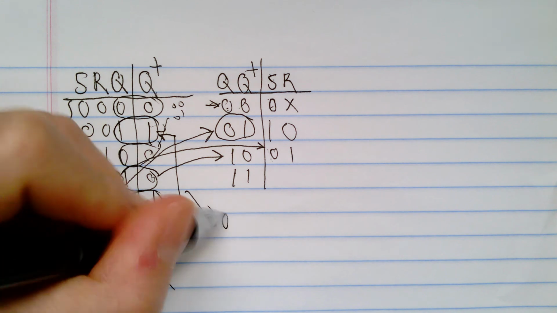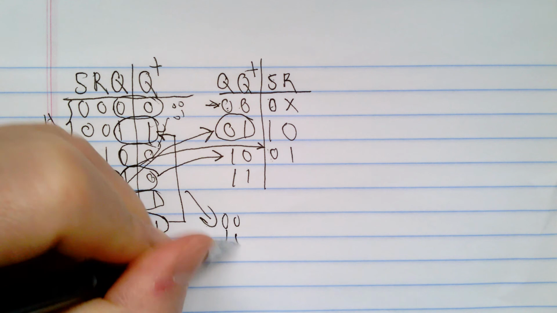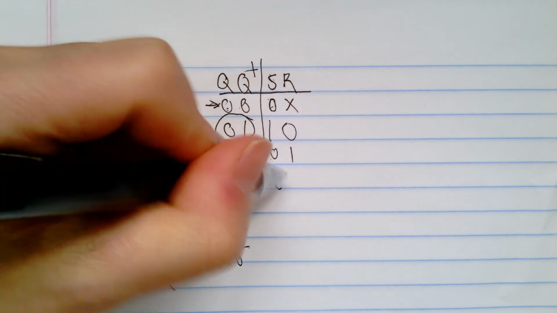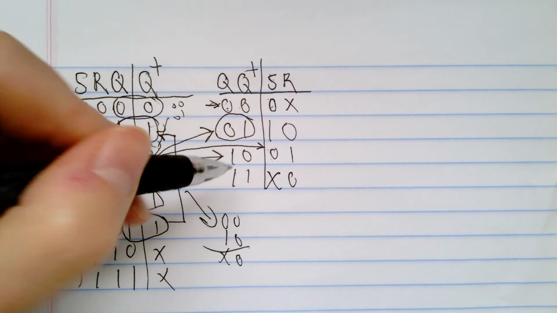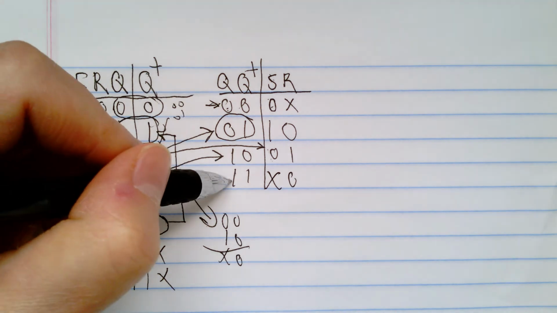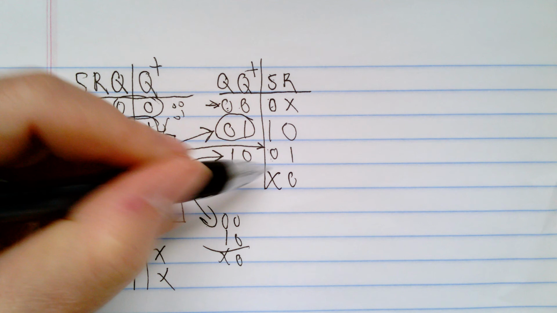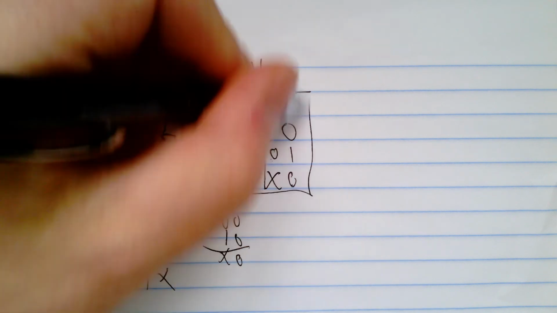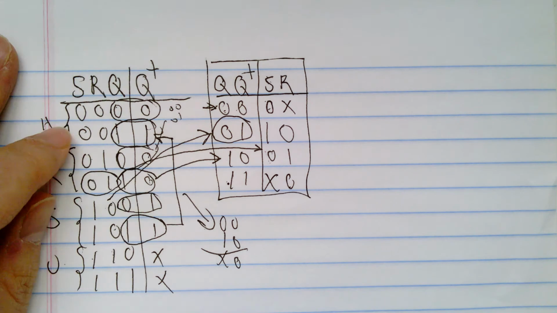You can do 0, 0, or you can do 1, 0, which means you have a don't care and a 0. Why is that? Because you're already in a set state, so all you have to do is be sure not to reset. This then is the remapped excitation table for the SR flip-flop.